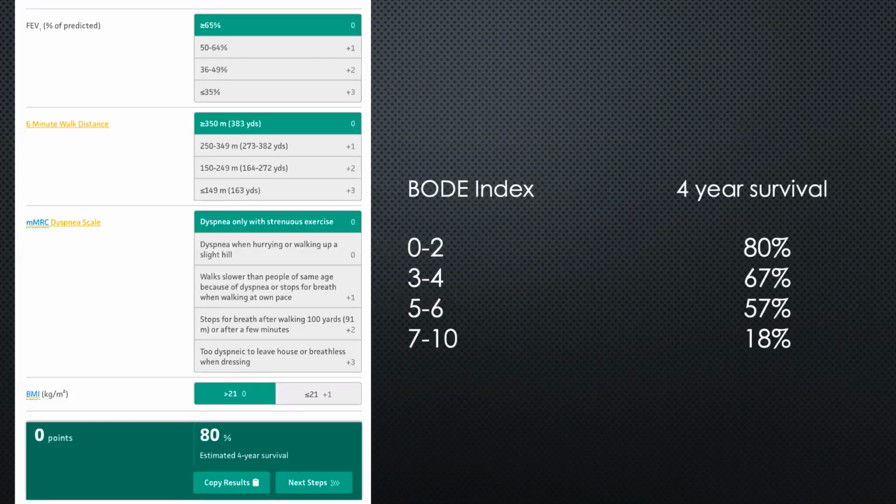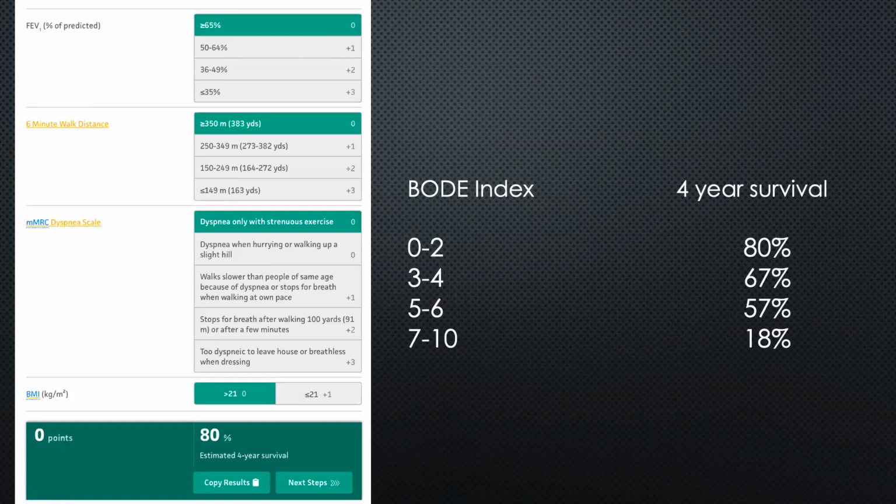And this is just from UpToDate. You can calculate it. As I said, if you have a lower BMI, less than 21, you get 1 point for that. Probably the only place you'll ever get a point for low BMI.